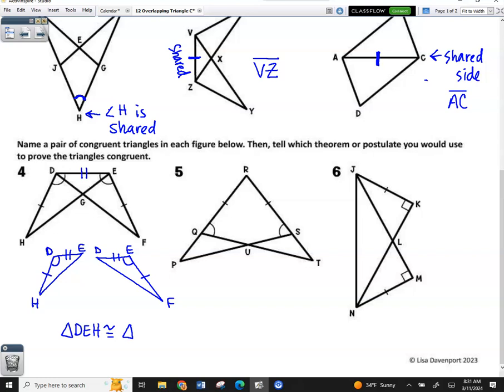You might think it would be D, E, F, but watch your congruence marks. I went D, E, H. So I went congruent angle, 2 tick marks down the side that's blank. So over here you got to do congruent angle, 2 tick marks down the side that's blank. So what would this one be? This would be EDF.